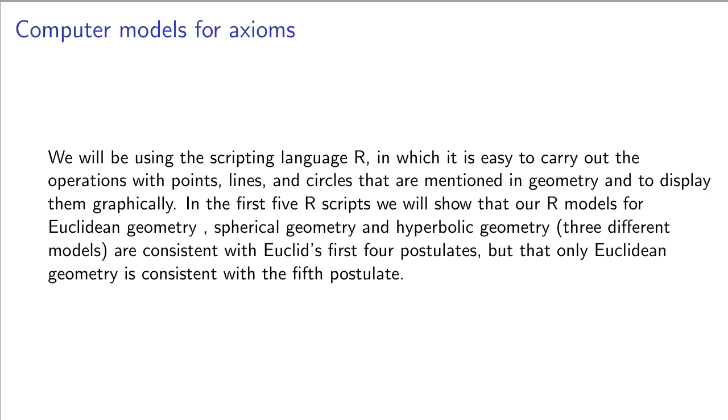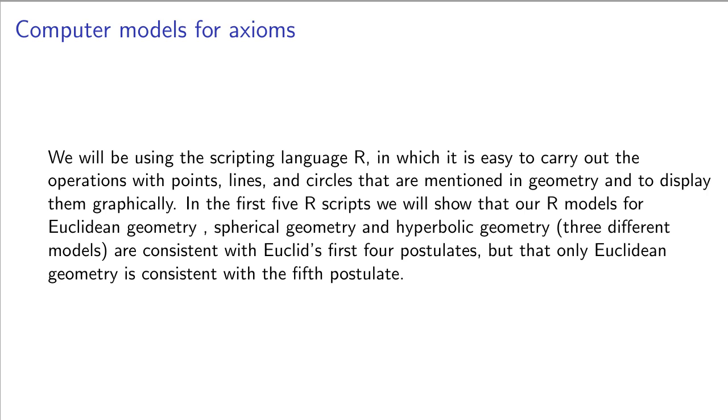Now, as I said, we're going to be using the R scripting language. In this language, it's very easy to carry out precisely the operations with points, lines, circles, and other objects that are mentioned in geometry, and to display them graphically. So I can give you a function that draws the line between A and B and permits you to extend it in either direction if you like.